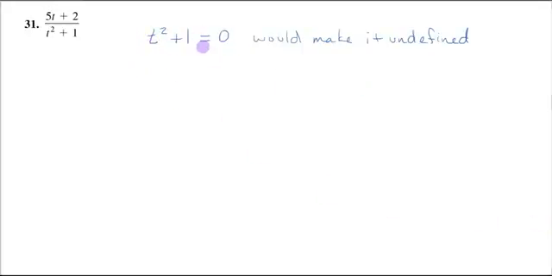Now this is a quadratic, and we learned in the last section that to solve a quadratic, we have to use the principle of zero products. So first of all, we can't do anything with this because this is not factorable. We do have a 0 on one side, but we cannot factor this. Remember that a sum of squares is prime. You cannot factor it. So we're kind of stuck. There's nothing that we could do with this. That means nothing makes it undefined.